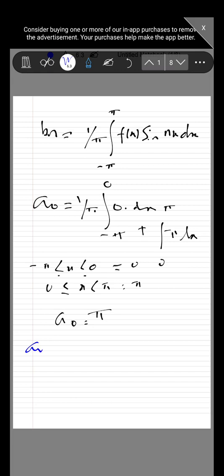and similarly we can have a_n is equal to 1/pi integral 0 to pi of cos nx dx, and it is equal to 0, and n is greater than or equal to 1.